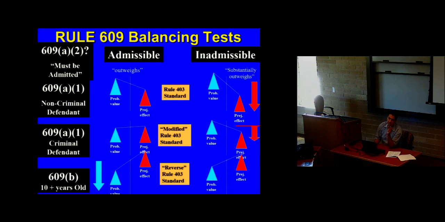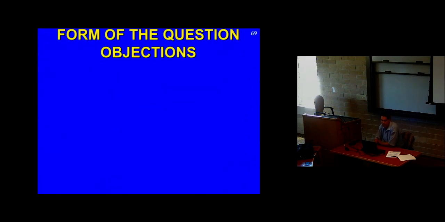If that conviction is like a super pertinent conviction because it goes right to truthfulness, perjury, fraud in the inducement, that sort of thing, that comes in whether it's a misdemeanor or a felony. All these other ones have to be felonies to come in and then go through the balancing test. But when the conviction involves false statement or deceit, then it must be admitted, no discretion, and no balancing test.